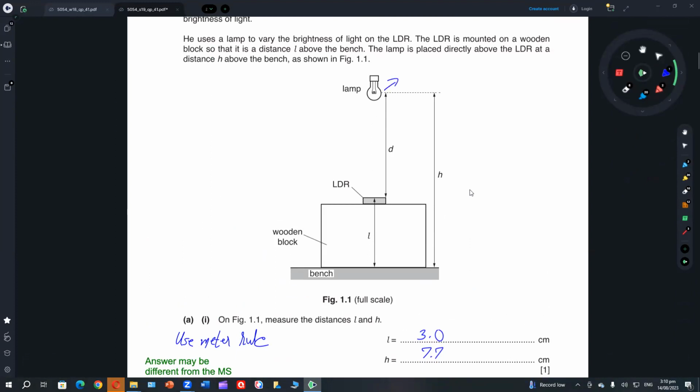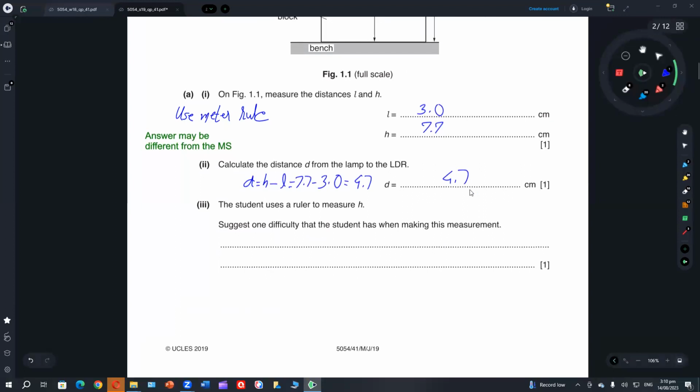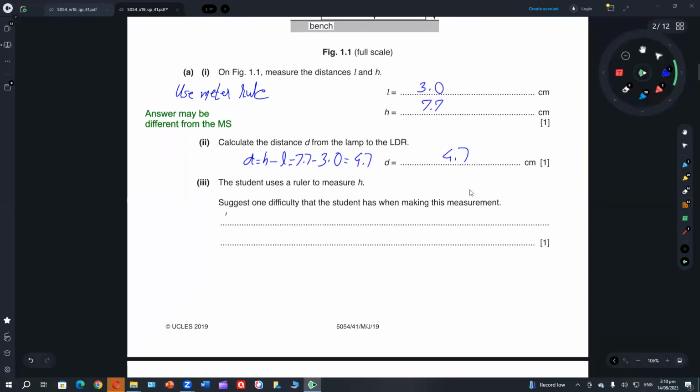Why is it difficult to locate the center of the lamp? Because the ruler can't be very close. I think the ruler must be vertical. There is a block in between. So it is not easy to precisely locate the center of the bulb.